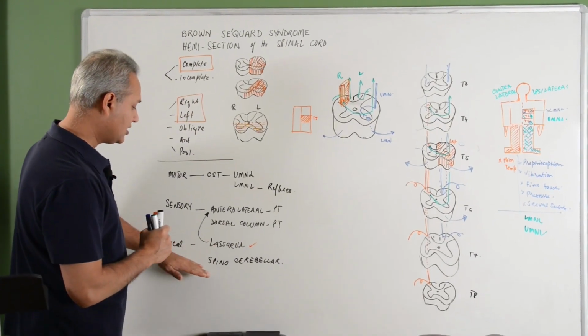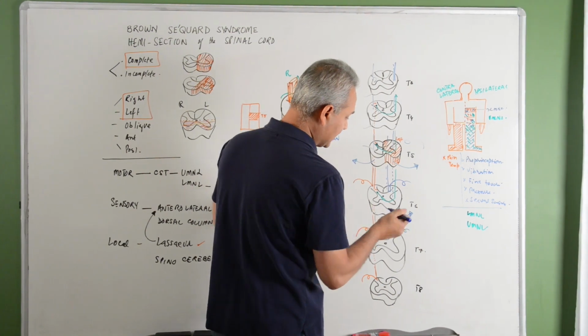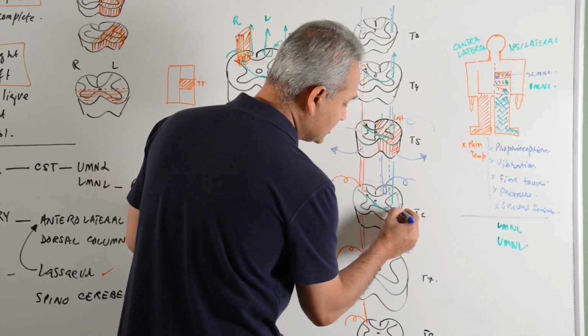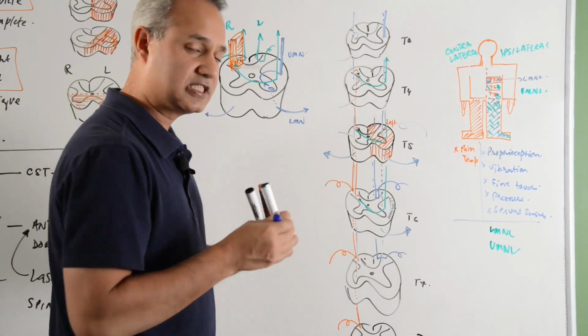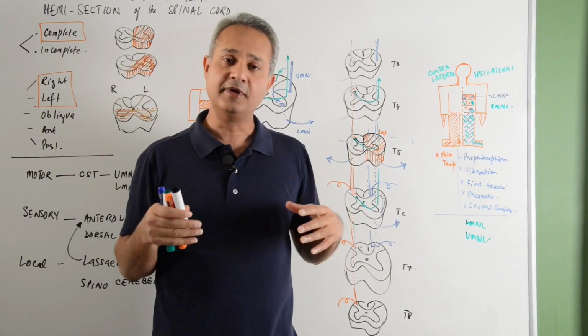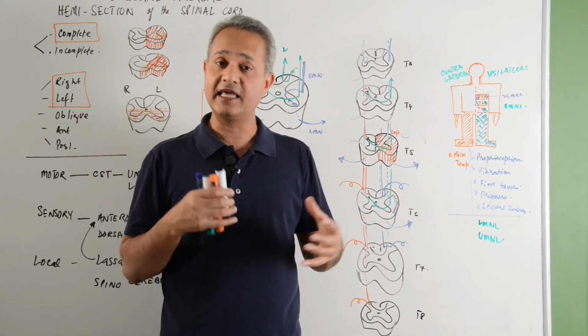Final thing now, the spinocerebellar tract. There is an anterior and a posterior spinocerebellar tract. What is it doing? Spinocerebellar is bringing the posture information to the cerebellum. Cerebellum is responsible for a couple of things. One is planning the movements.